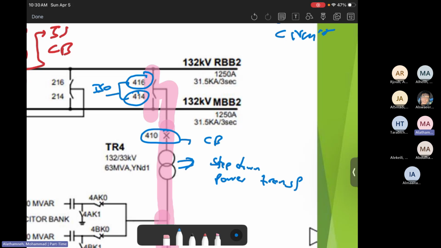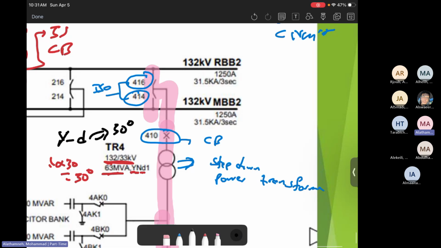When you look at it, you will see it is 132 to 33 kilovolts. Okay, step down. Then it is 63 megavolt ampere. And the connection is Y neutral, delta, and there is a number 1 here, which means 1 times 30, which is 30 degrees phase shift. Since it is Y to delta, then it is 30 degrees phase shift.